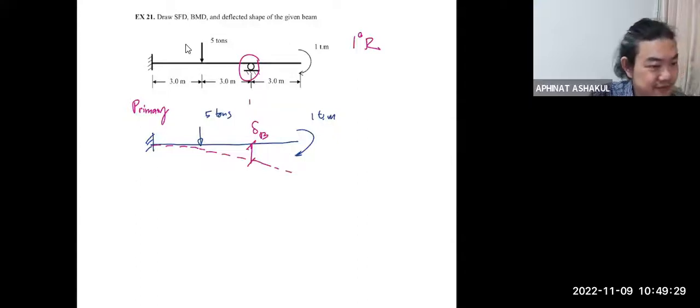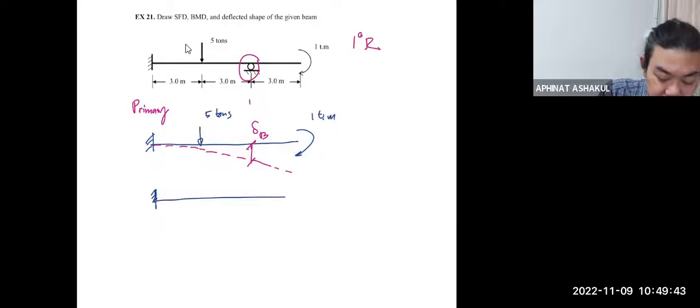Now the catch with a problem like this is that if you understand what you're doing, you know you removed RB. So when you apply the unit load, where do you apply it? At B, correct? So it has to be here, not at the tip of the structure, correct? Folks?